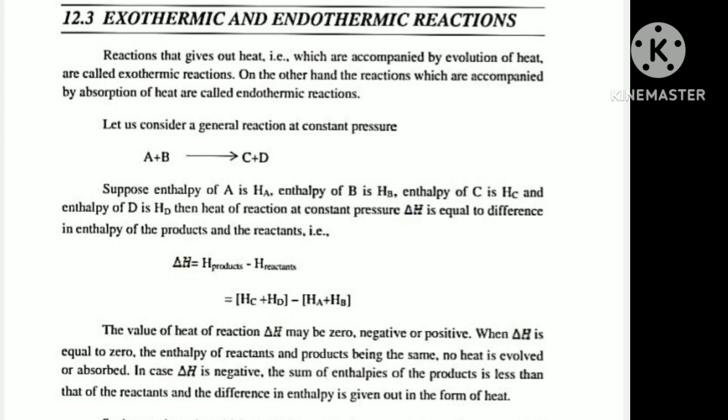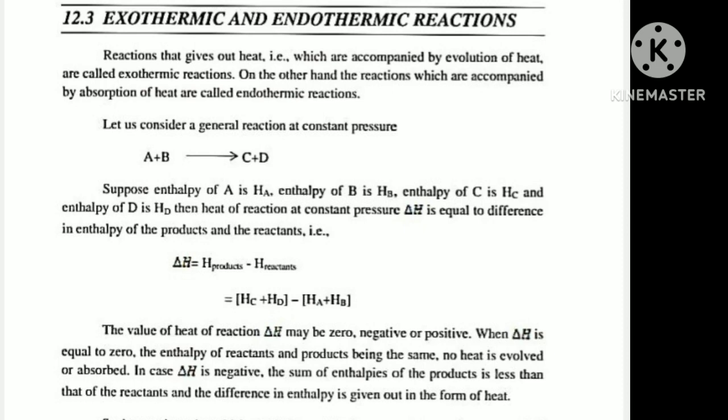Exothermic and endothermic reactions. Reactions which are accompanied by the evolution of heat are called exothermic reactions. On the other hand, reactions which are accompanied by the absorption of heat are called endothermic reactions.